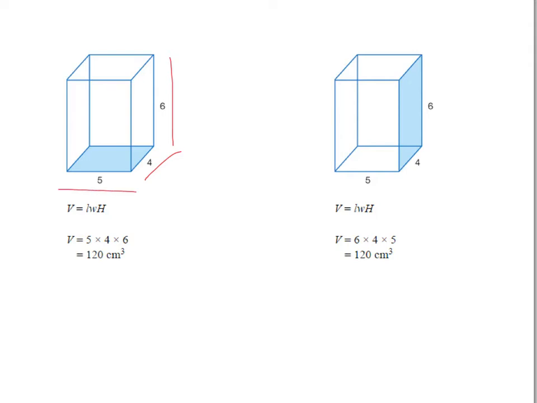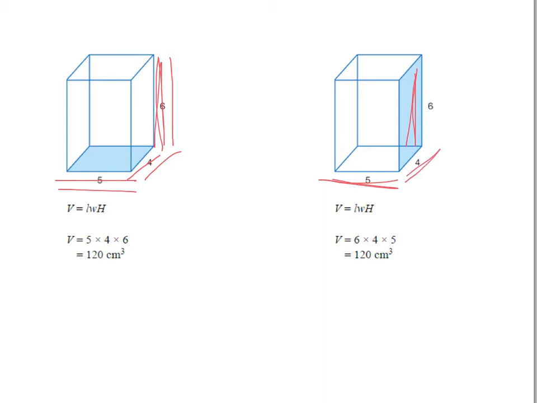Now, if you turned it around, looking at it this way, they've highlighted the base, so that could be our width, that could be our length, and then this is our height. It doesn't really matter because they're all going to be multiplied together. And over here, we could say that this was our length, and then that would be our width, and then that would be our height. You can do it any way.